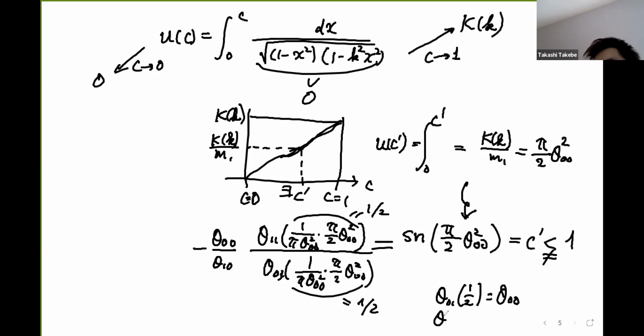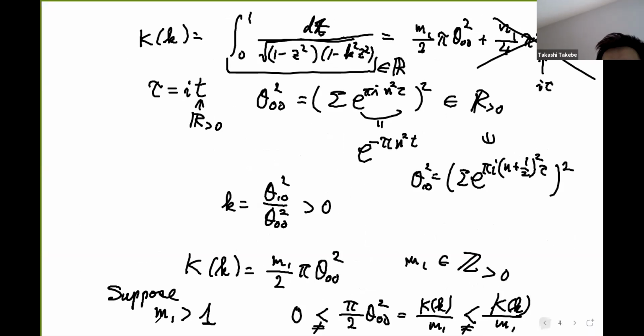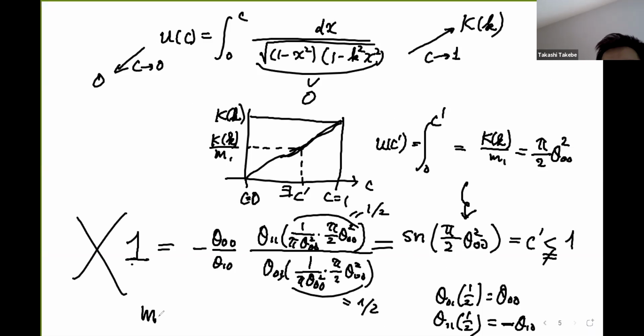So theta 1 of 1/2 is equal to minus theta 1. So this is equal to 1. But 1 is strictly less than 1. That cannot be true. So what was wrong? This assumption was wrong. So K of k is expressed by theta functions in this simple form.